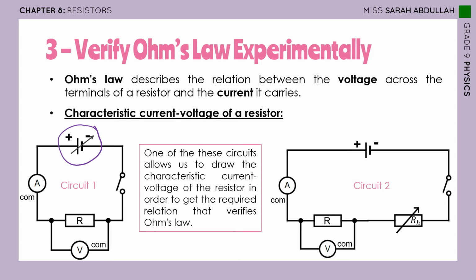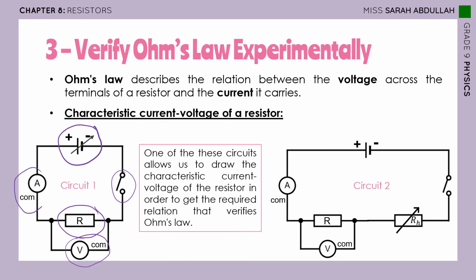It consists of a switch and a resistor. And as we can see, we have a voltmeter that is connected in parallel across the resistor, so it reads the voltage across the resistor.